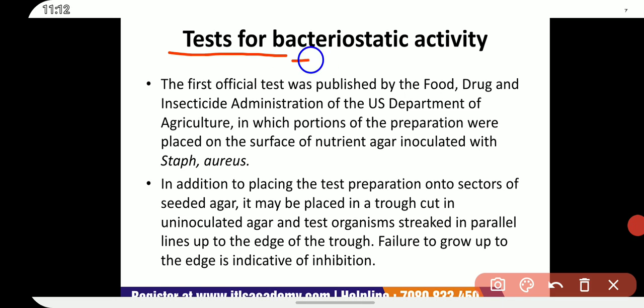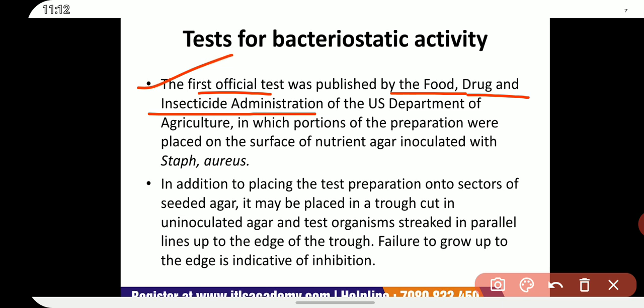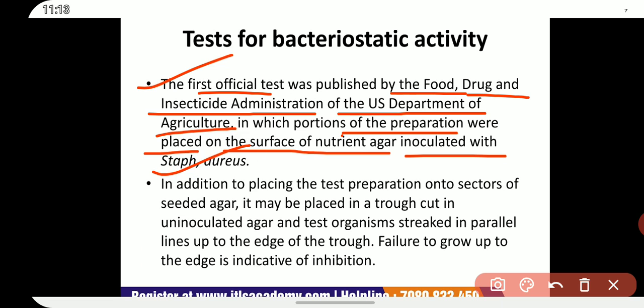Test for bacteriostatic activity. The first official test was published by the Food, Drug and Insecticide Administration of the US Department of Agriculture, in which portions of the preparation were placed on the surface of nutrient agar inoculated with Staphylococcus aureus.